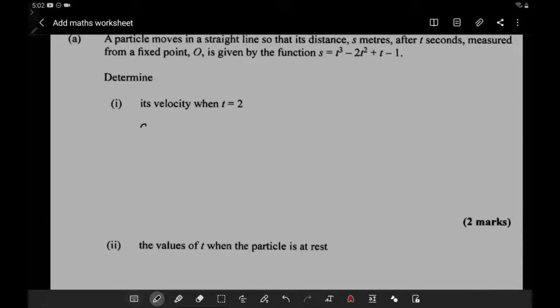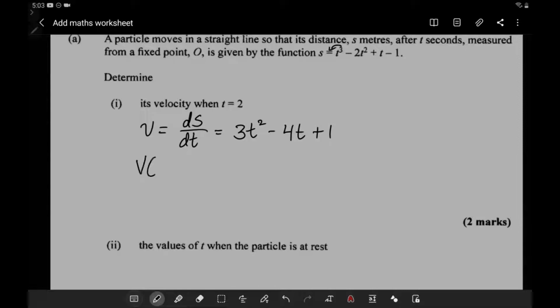So we have velocity equal ds dt, the rate of change of distance, and of course it's with respect to time. So if we differentiate this, we get 3t squared minus 4t plus 1. That's using the power rule for derivatives.